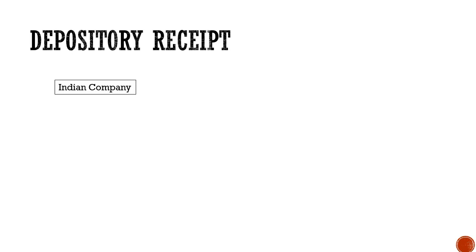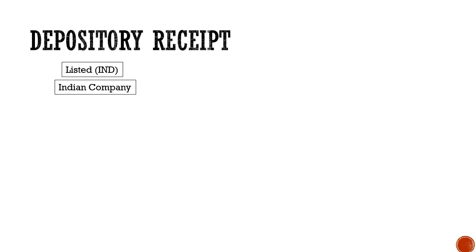If an Indian company wants to raise funds, it can do that by a public issue of shares. Now what if the company has already gone through an IPO, it has publicly issued its shares and collected the amount? So we can say that the Indian company is already a listed company in India. It has already gone for a public offer and still requires funds to be raised. So the Indian company wants more funds.